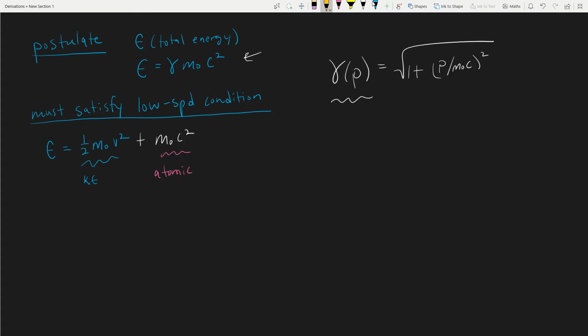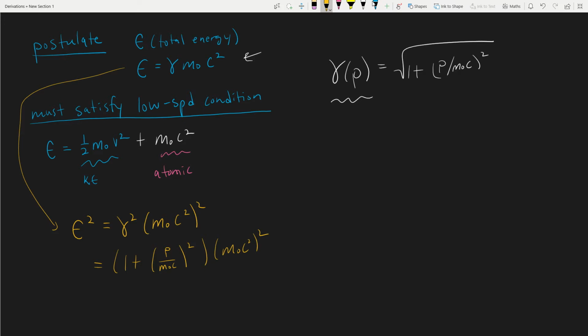So going back to here, I'm going to square both sides. So you get E squared equals gamma squared times m naught c squared, all squared. Gamma squared is equal to 1 plus p over m naught c, all squared, and then multiply this by m naught c squared, all squared.